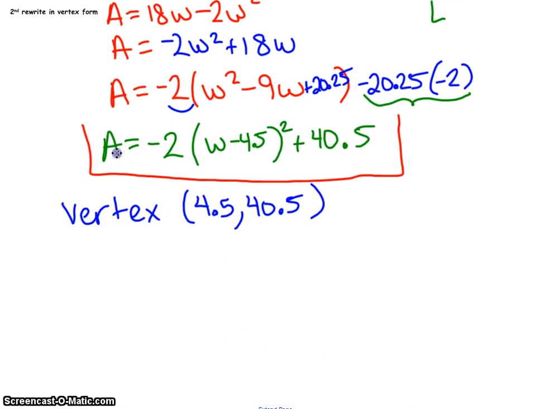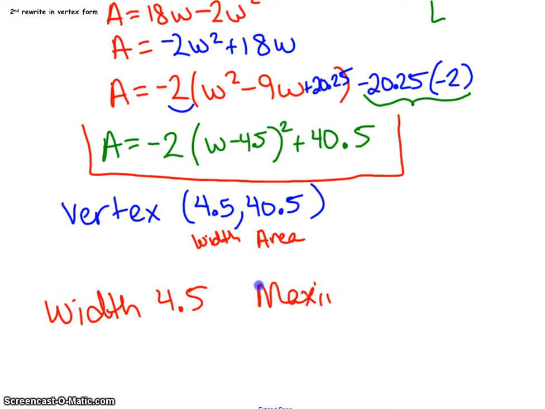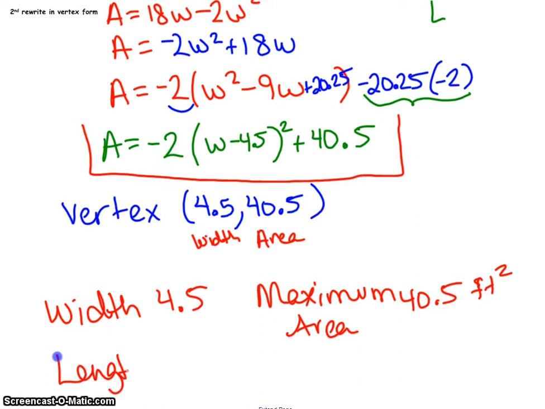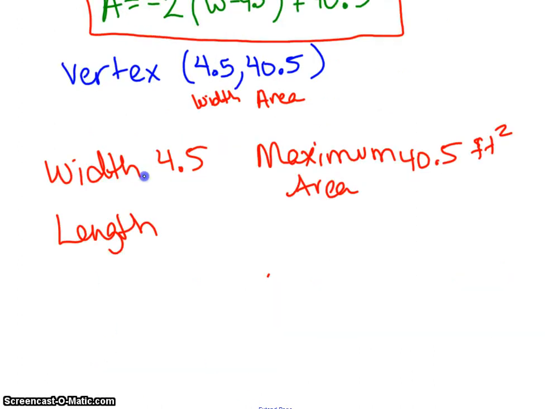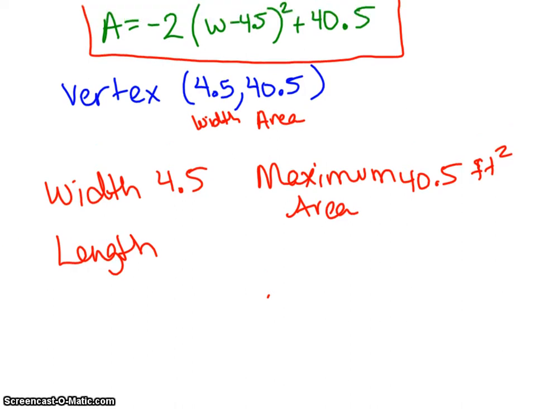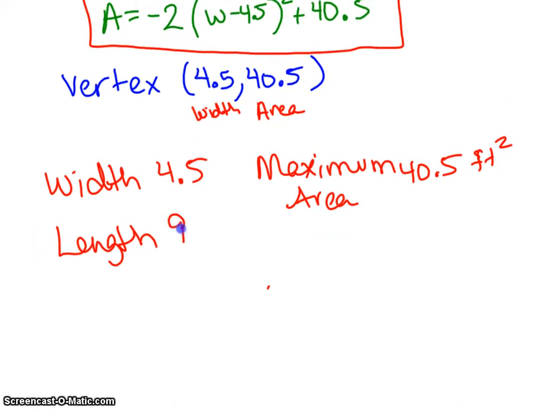If this is a function for the area in terms of W, that means the area is your Y value and the width is your X value. So the width is 4.5. The maximum area is 40.5 square feet. But what's the length? You can go back to the original perimeter equation and you will find that it's 9.